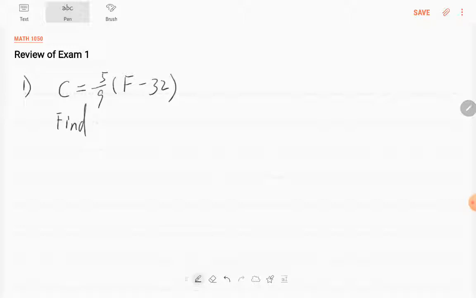The problem is: find a formula to convert the Celsius to the Fahrenheit. Okay, so in other words, if you know C, what is F? So in other words, we need to solve for F in terms of C. Okay, so let us start from here.